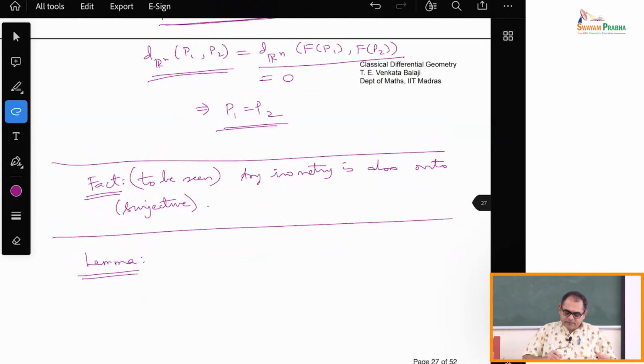So let me explain this. Let me write this down. Let f from Rn to Rn be an isometry.